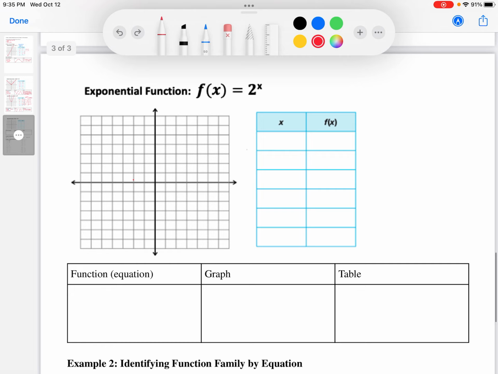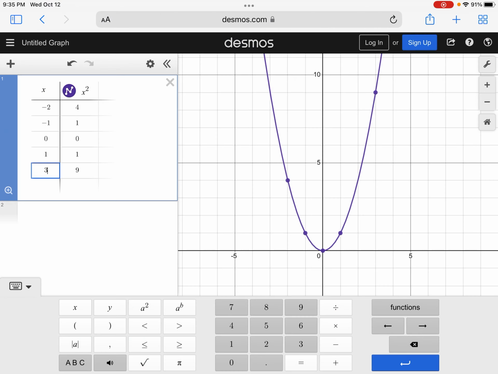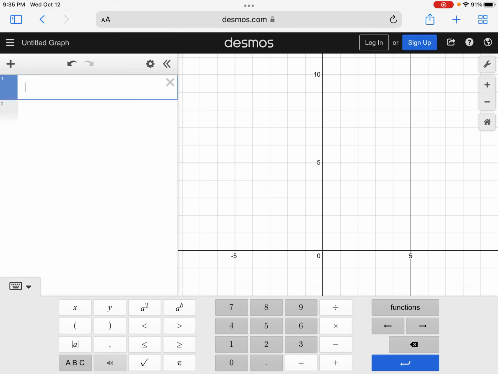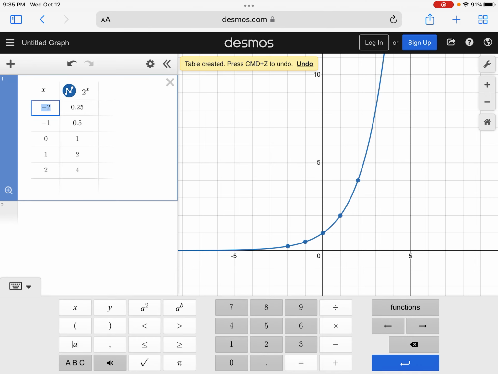Okay, moving on. Our last kind is called an exponential function. So let's go to Desmos, and we're going to type 2, then hit the button that says a to the b power. So 2 to the x power. And then let's hit our table.